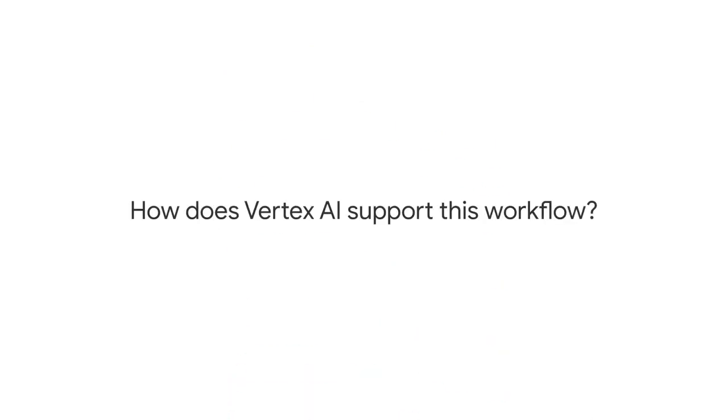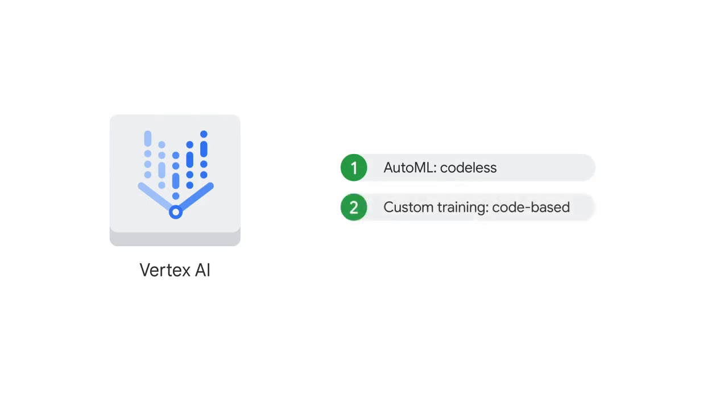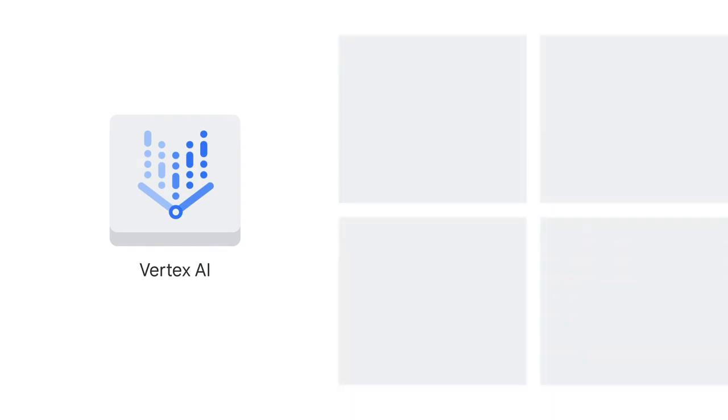So how does Vertex AI support this workflow? You'll recall that Vertex AI provides 2 options to build machine learning models: AutoML, which is a codeless solution, and custom training, which is a code-based solution. Vertex AI provides many features to support the ML workflow, all of which are accessible through either AutoML or Vertex AI Workbench.